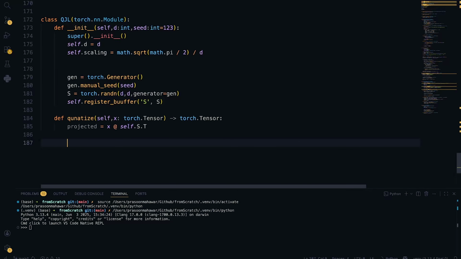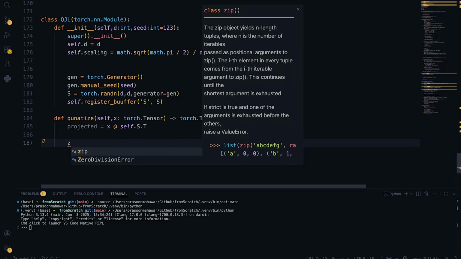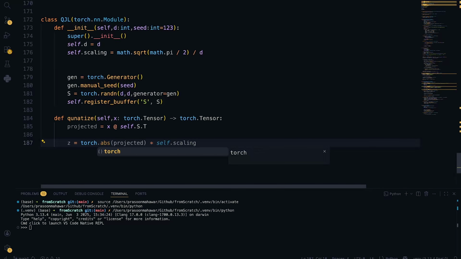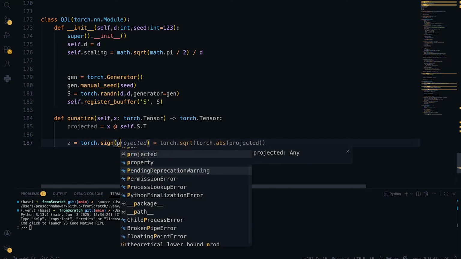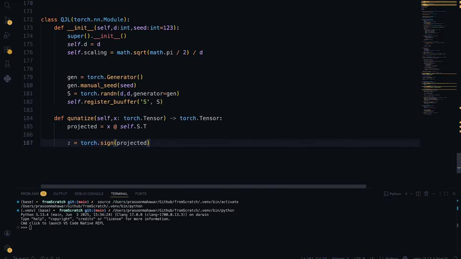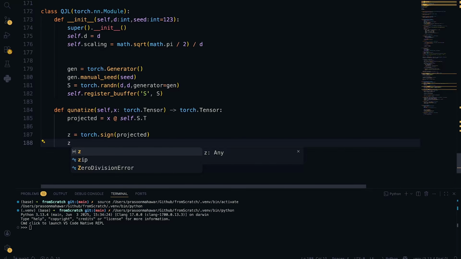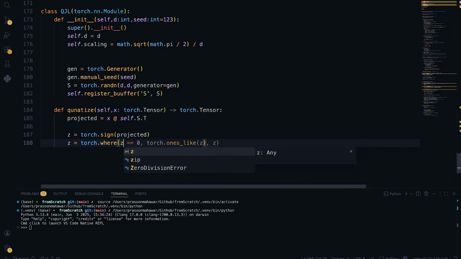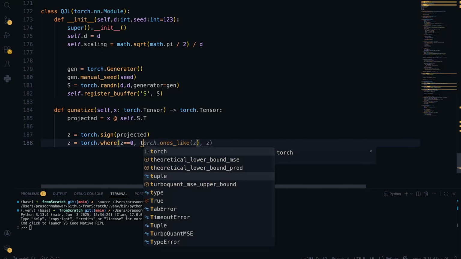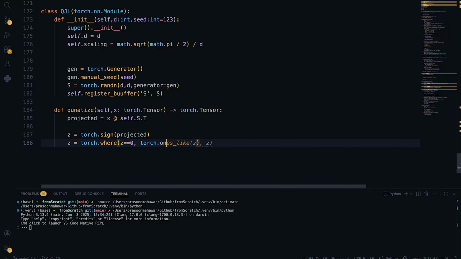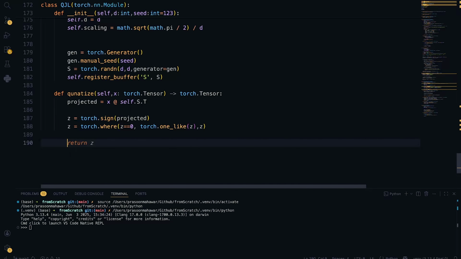Next we take the sign: z equals torch.sign of projected, and finally z equals torch.where z equals 0, torch.ones_like z, comma z, and finally we return z.